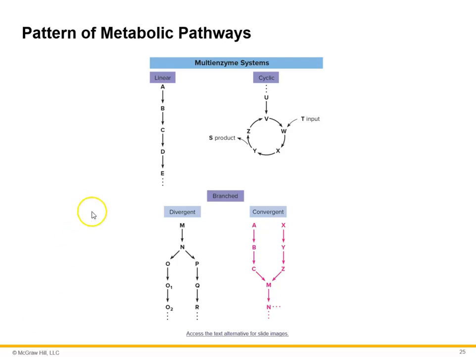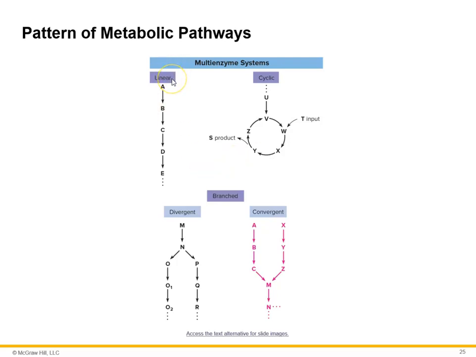Metabolic pathways can take on several different patterns. You can see there are going to be multi-enzyme systems here. So we have a cyclic system where you've got a reactant that gets turned into a product that then becomes a part of a cycle. And each one of these arrows represents an enzyme requiring step.